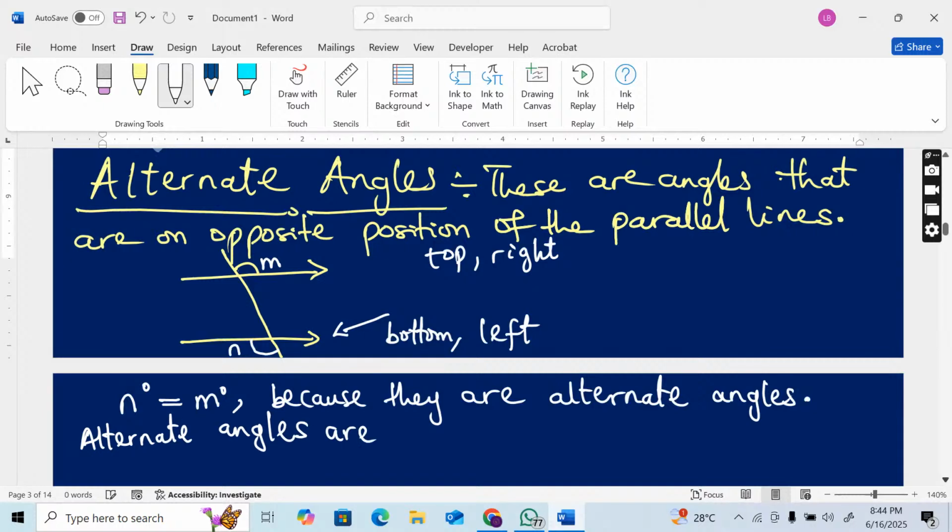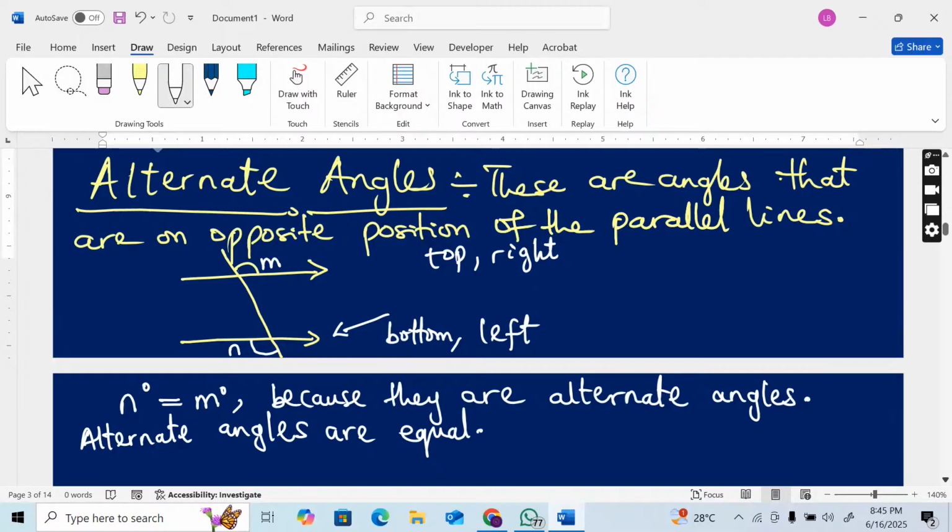So if M is 100 degrees, N will also be 100 degrees because they are alternate to each other. They are not parallel to, they are not corresponding to each other. They are alternate to each other. Alternate angles are equal. Corresponding angles are equal.